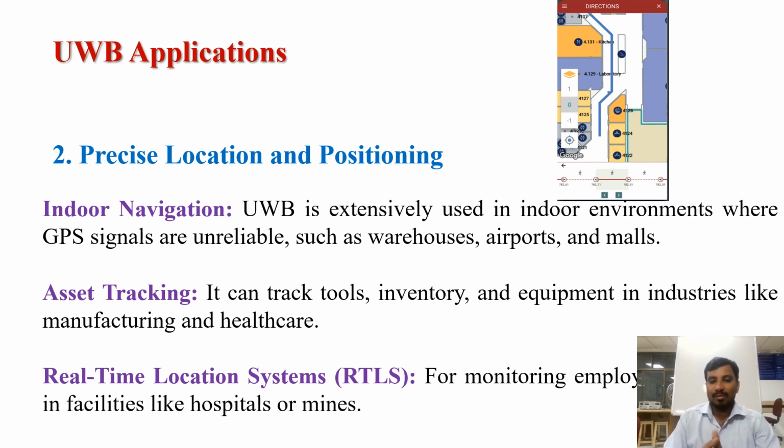Next is real-time location systems for monitoring employees and patients in facilities like hospitals. Especially in some nuclear plants, where employees work inside and need health monitoring, we may use these ultra wideband antenna frequency ranges.